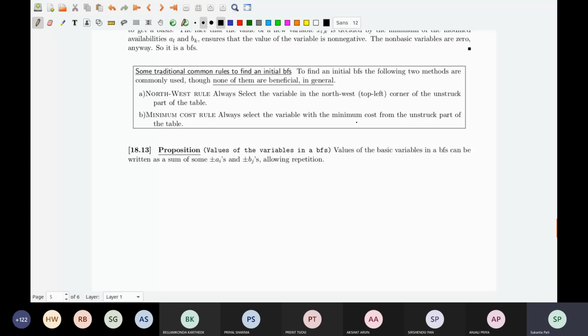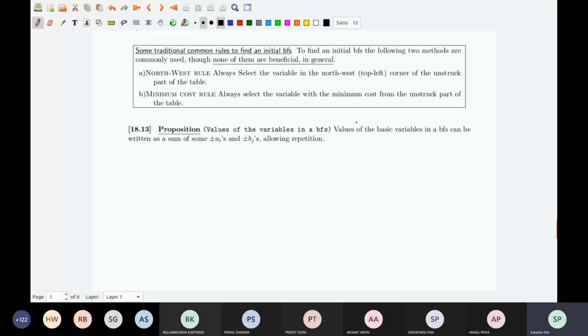Nobody says that if you select the cheapest edges, then your algorithm will terminate very quickly. That is not theoretically guaranteed. Okay, so these are two common, old rules. Sometimes somebody may ask, what is the northwest rule or what is the minimum cost rule? So that's it.